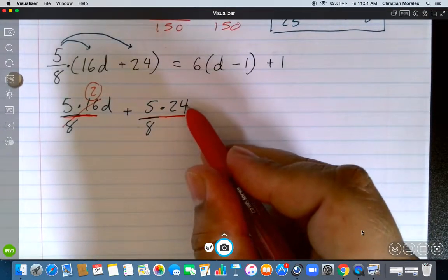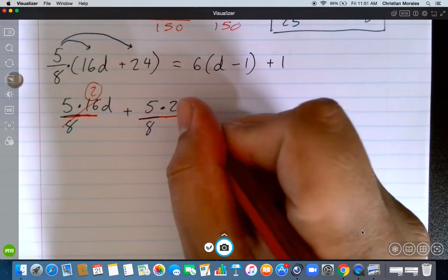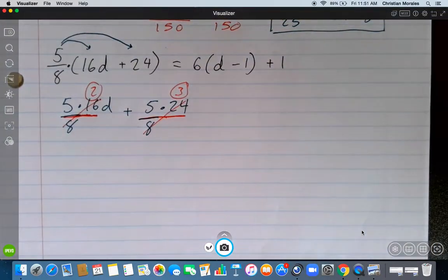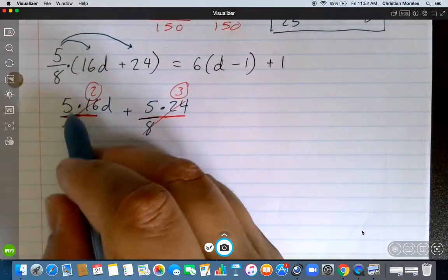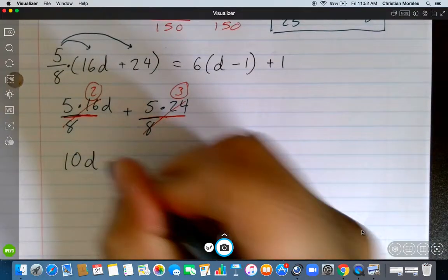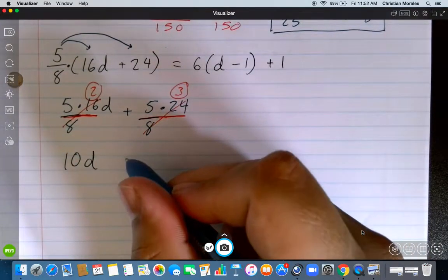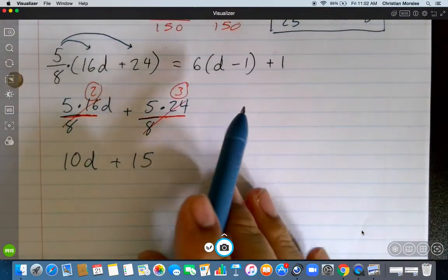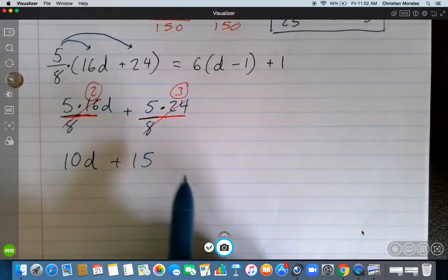And I know here 24 also divides by 8. That's 3. So if you use your calculator, you're going to get this answer. 5 times 2 is 10 here. The d stays. 5 times 3 here is 15. Now, if you use the calculator, you'll get the same exact answer.